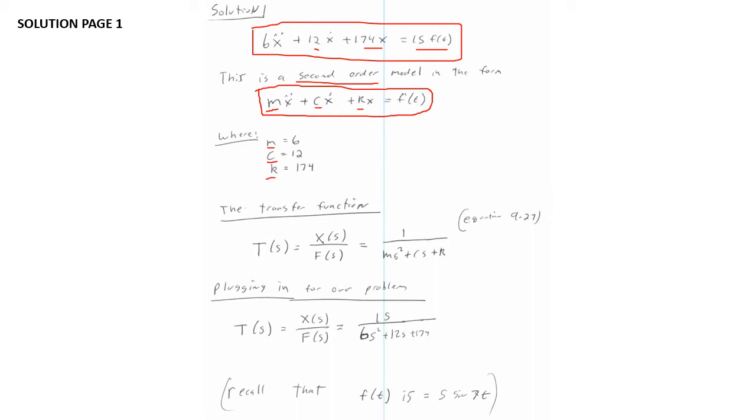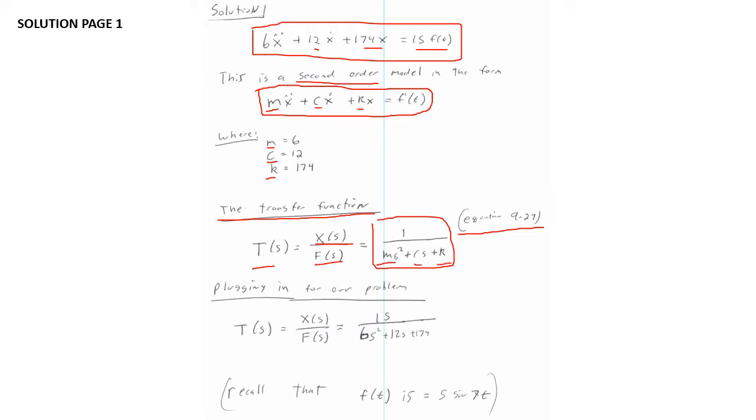Now for our transfer function, T of s is equal to X of s over F of s, which, from equation 9.27 in our text, is 1 over m s squared plus c s plus k.